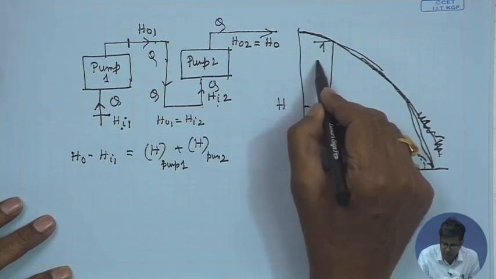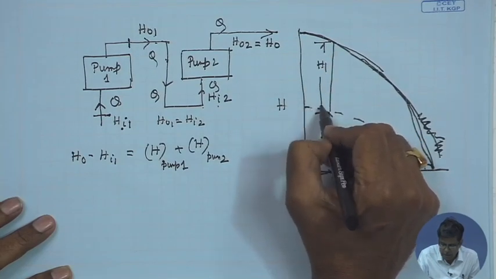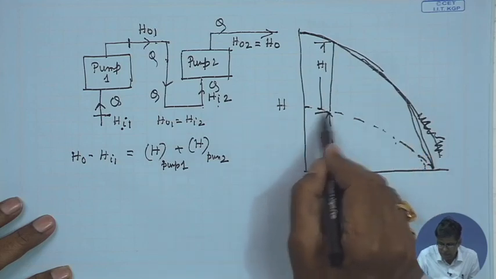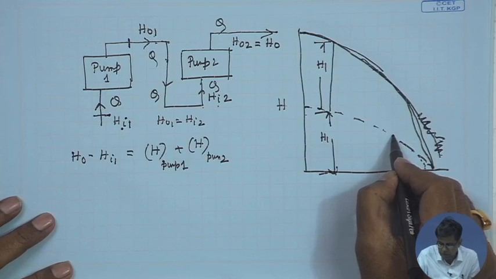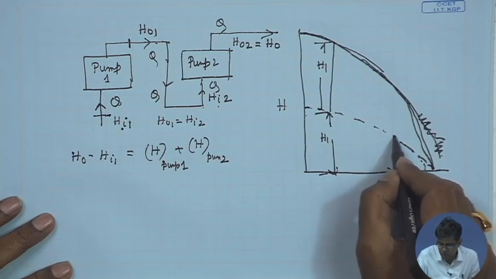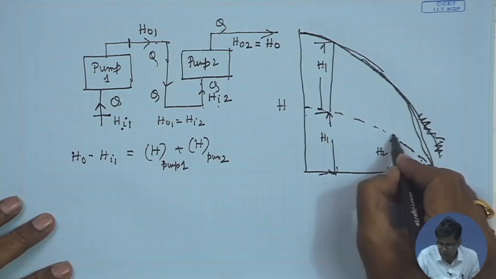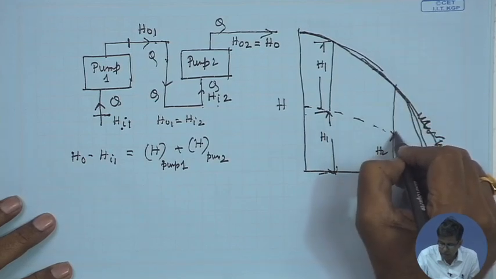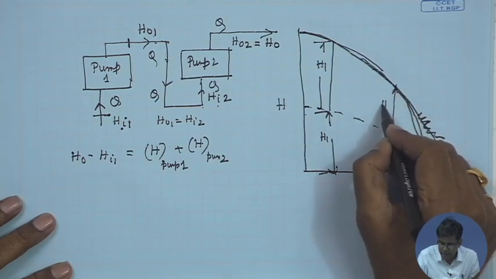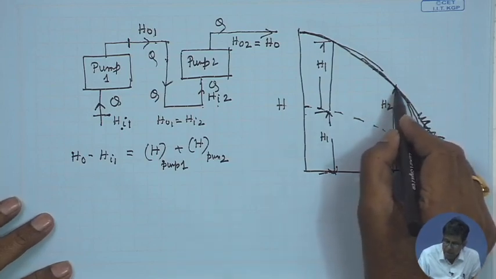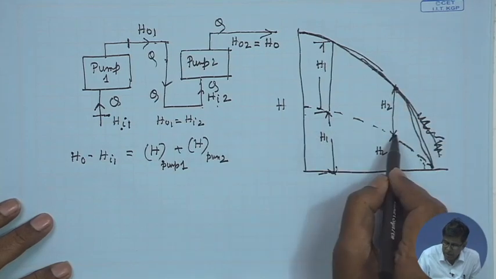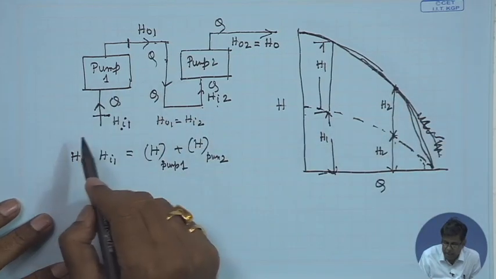Similarly, at any other point, if this is H2, then this will also be H2, because heads are added. Therefore, for any Q, the head of the combined pumps in series is double that of the single pump, since the pumps are identical.